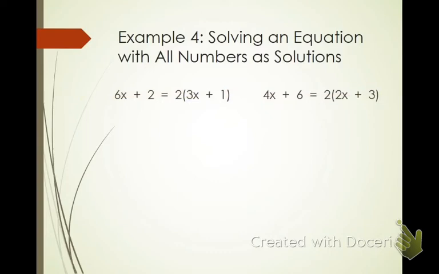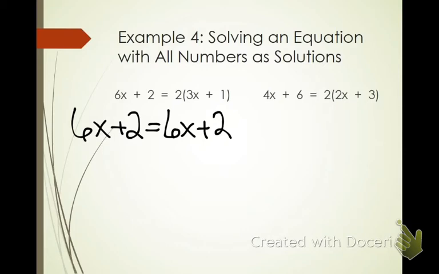Okay, so 6x plus 2, what did you get when you did distributive? Equals 6x plus 2. Okay, so now not only are our variables the same, but the entire expression on both sides of the equal sign is exactly the same, right? So here's what happens. Let's say we had an x value of 5.